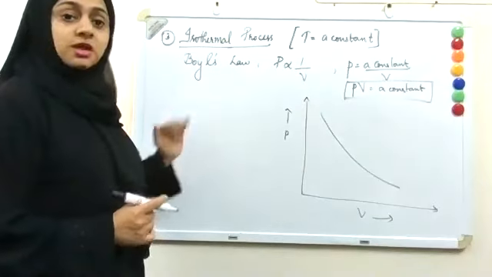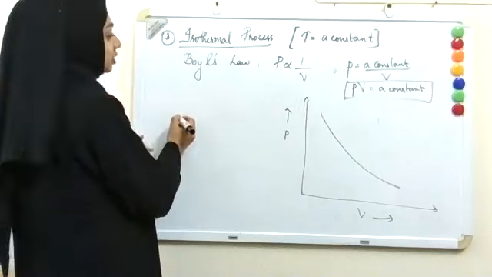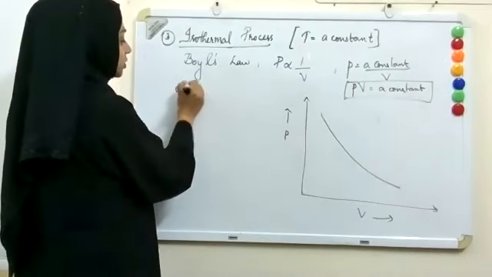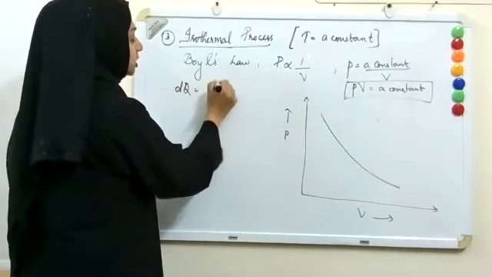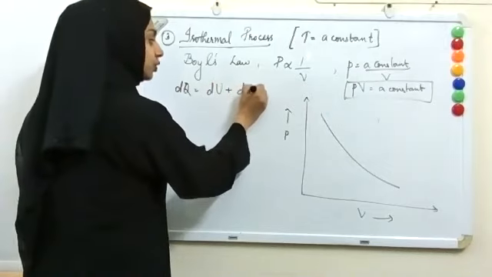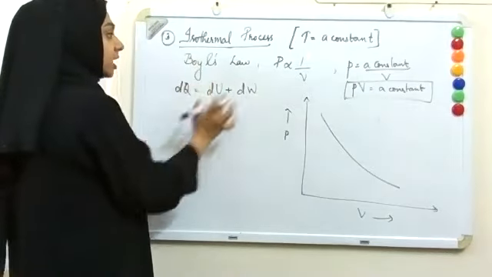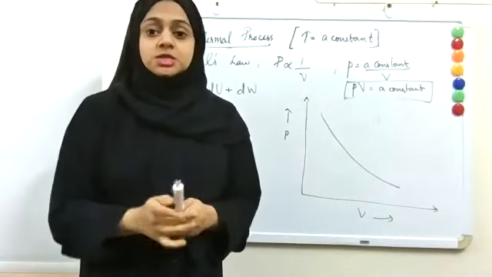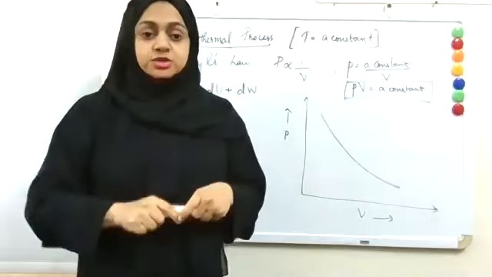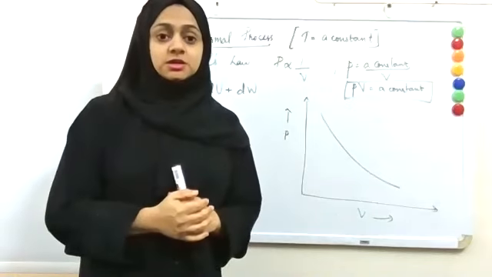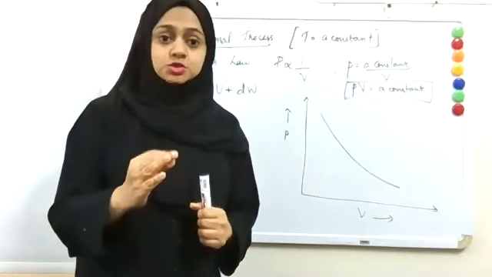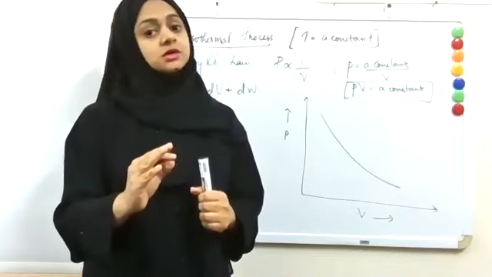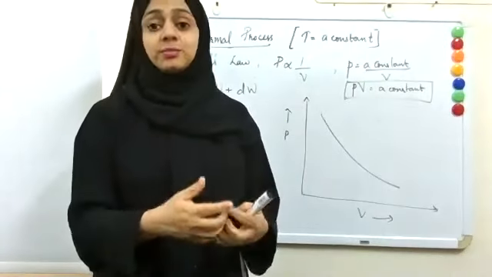And now let us see how the first law of thermodynamics will look. dQ is equal to dU plus dW. This is the first law. Now, when the temperature is constant, what about the internal energy? When we discussed internal energy, we said that the means to increase or decrease it is a change in temperature.